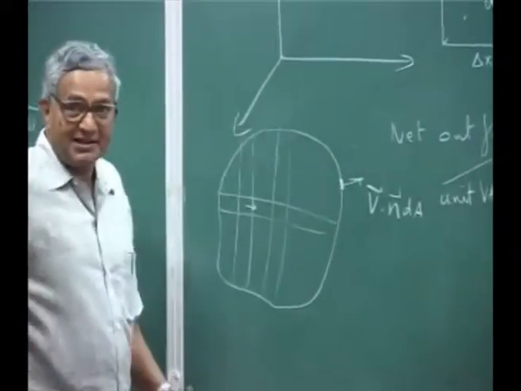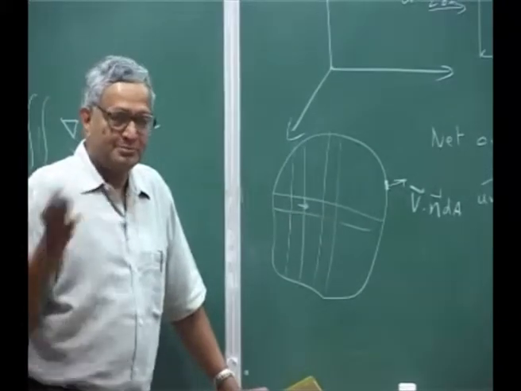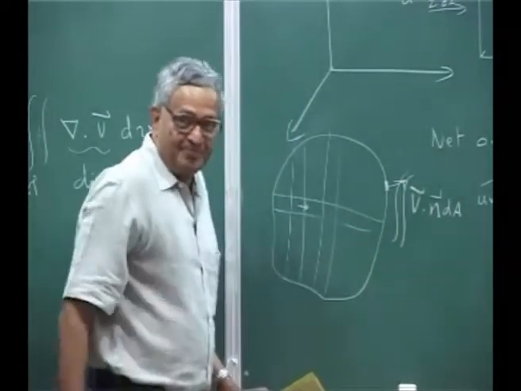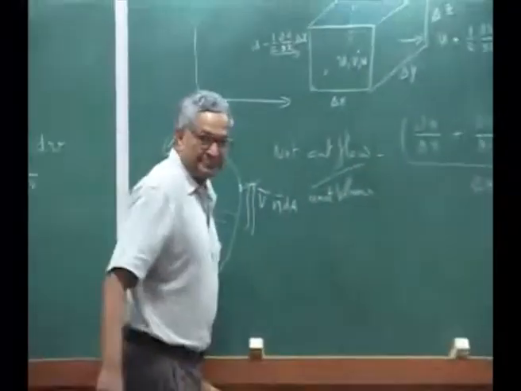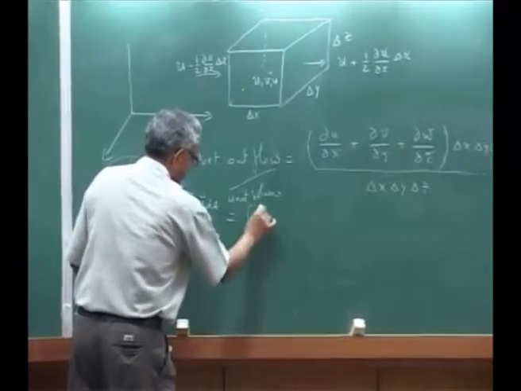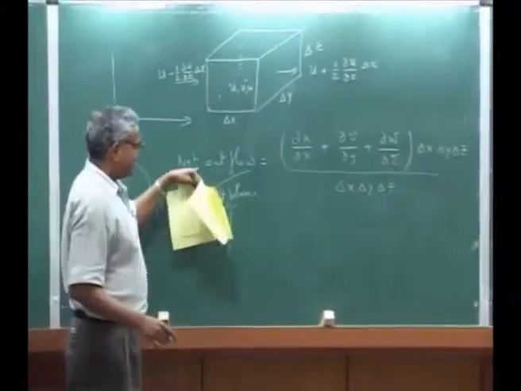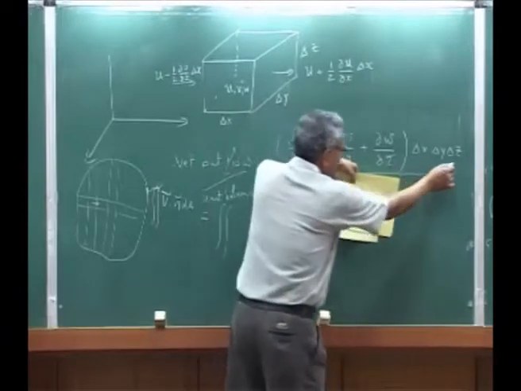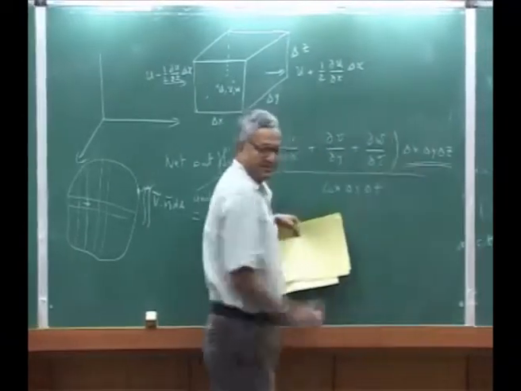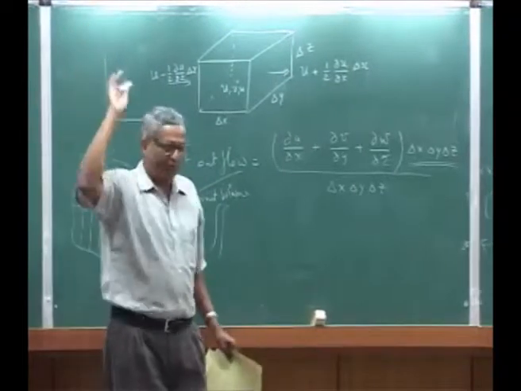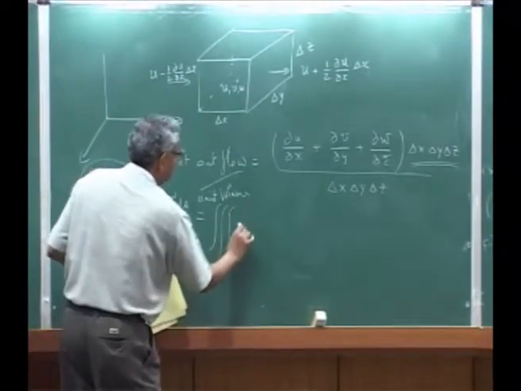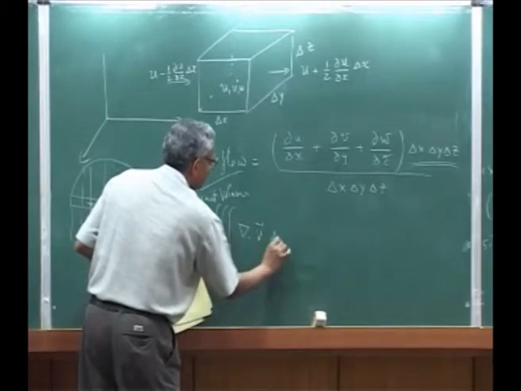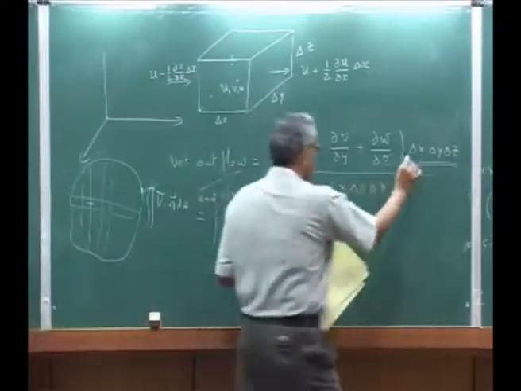This you have to integrate over the entire surface, so this will become surface integral. And then here, this will be del dot V, because you said that whatever is coming in is nothing but this. In the limit of unit volume, this multiplied by the elemental volume, integrate over the full volume. This is nothing but del dot V dV, because this is dV.